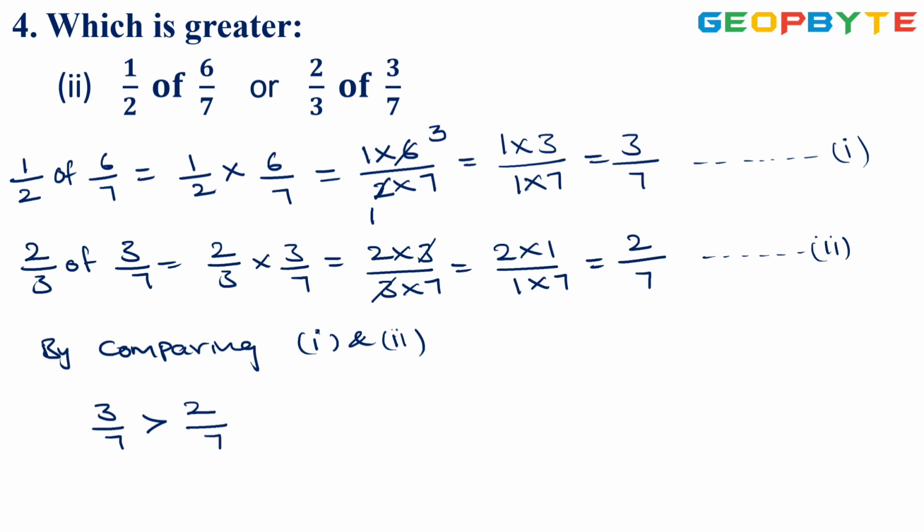So, based on this, we can say that 1 by 2 of 6 by 7 is greater than 2 by 3 of 3 by 7. So we can say that 1 by 2 of 6 by 7 is greater than 2 by 3 of 3 by 7. The remaining topics will be covered in the next video.